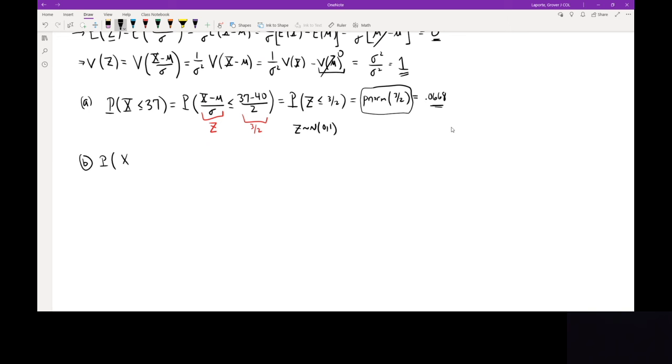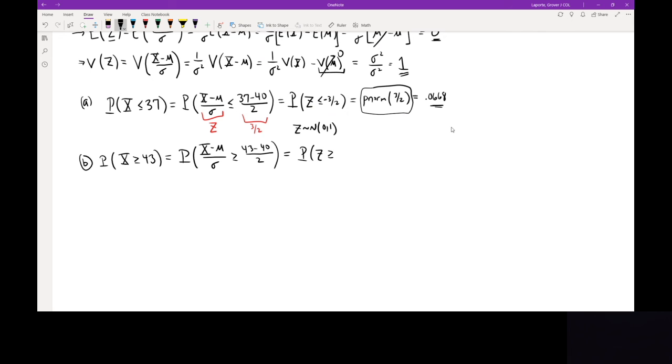So B is the probability that the random variable X is greater than or equal to, again, we're doing this for practice, so all I'm going to do is take my random variable X, subtract mu, divided by sigma, which is greater than or equal to 43 minus mu, in this case 40, divided by sigma, which is equal to the probability that Z is greater than or equal to, guess what?